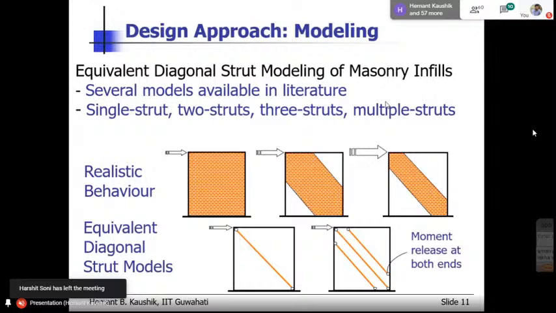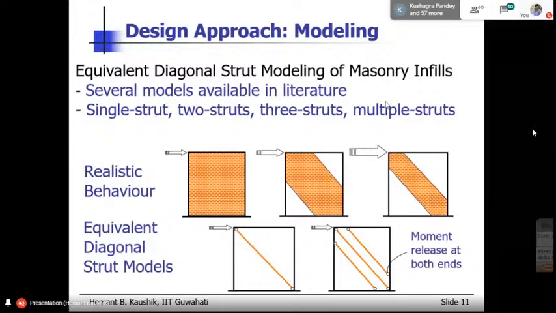And the reason is very simple. I'll show you why. So the modeling approach is obviously, like you have seen, there are two possibilities. One possibility is using simplified models in a simple structural analysis package like SAP 2000 or STAAD. This is very simple. So we can use different types of models, for example, equivalent diagonal strut model, or even a shell element model if you are doing a linear analysis.